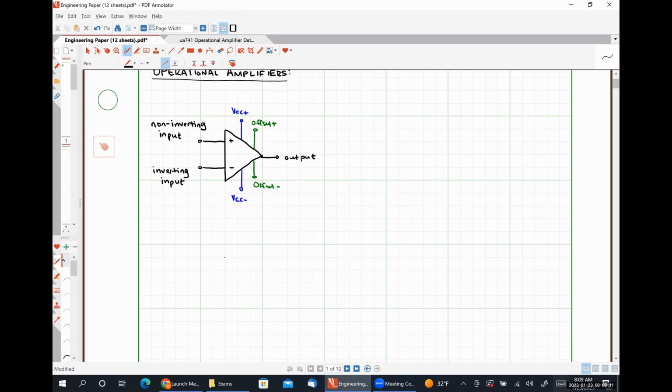So let's say that I have an op amp circuit like so. And I connect some input voltage source here.